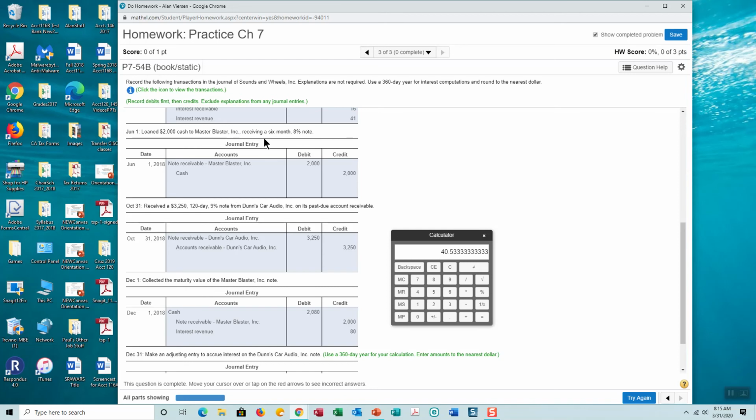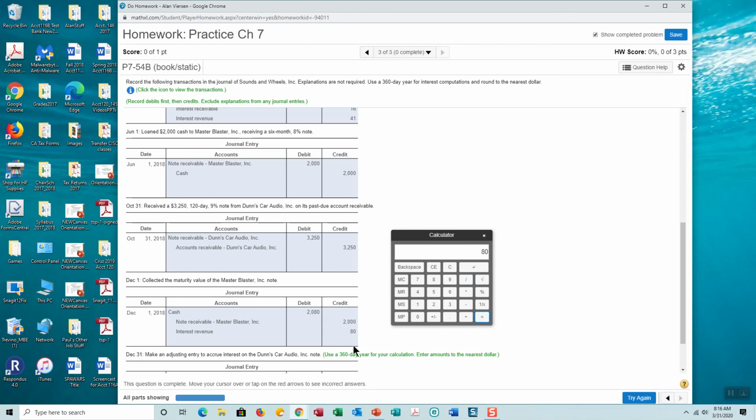Also, notice this was a 6-month note, so instead of using a 360-day year, because they designated a 6-month note, our calculation will be 2,000 times 8%, which is the annual amount, and then multiply that by 6 divided by 12.